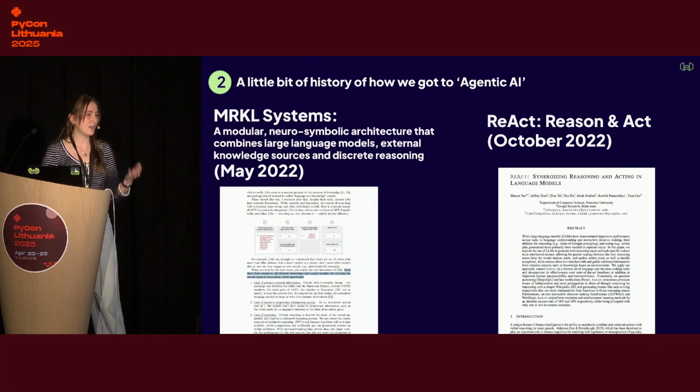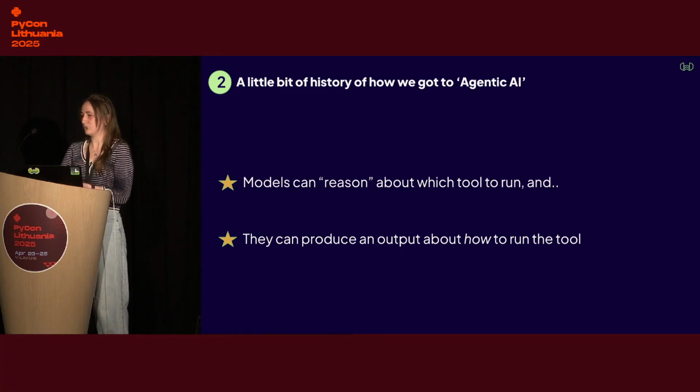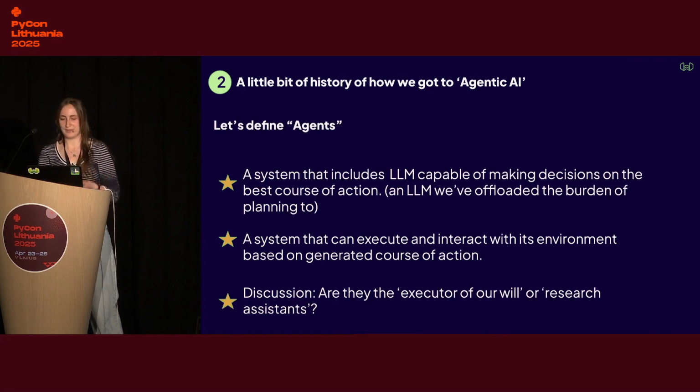And this is where we started to see agentic AI form. So our learning from all of this was that models can reason about which tools to run and that they can produce an output on how to run that tool. They don't have the inherent capability to run the tool, but they can tell you how to run the tool.